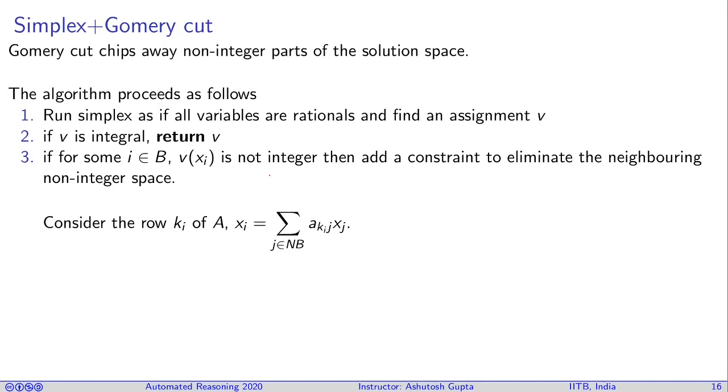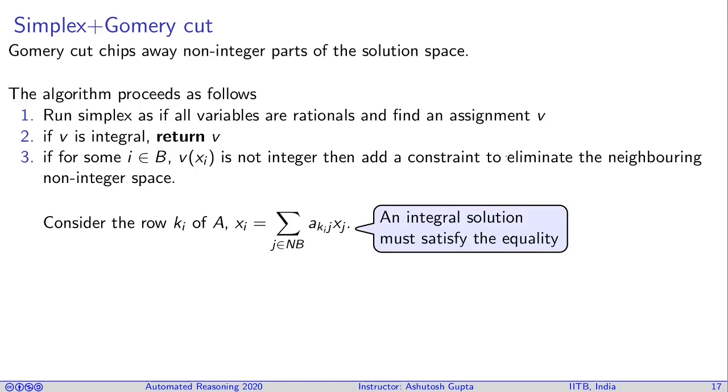Let us suppose the ith variable xi was the one which did not have an integer value after assigning the values to the non-basic variables. So this row is the problem row, right? The calculation is producing a non-integer value.